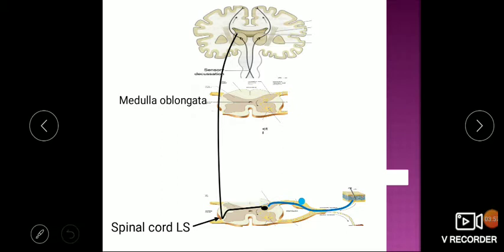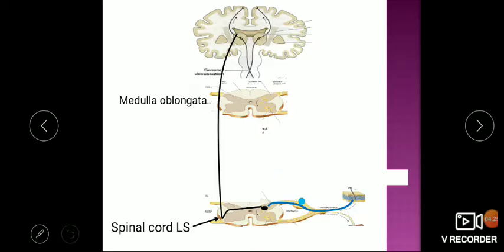This is very, very important. The moment the sensory neuron is formed, it immediately crosses to the opposite side, meaning from right, fibers go to the left. Now these fibers are ascending. You can see they are going up the lateral side to the thalamus. So this neuron is called a second order neuron.